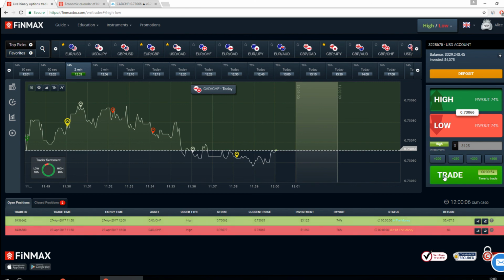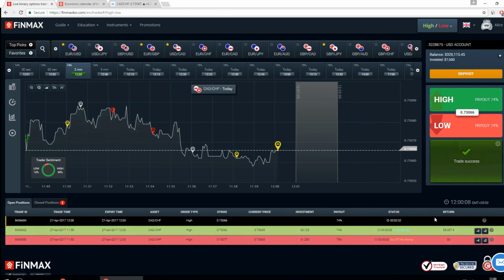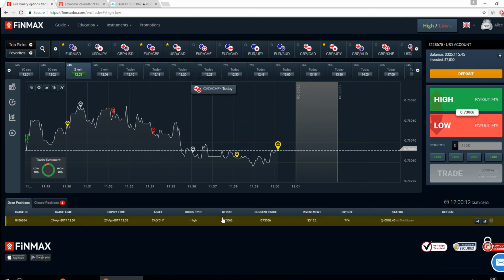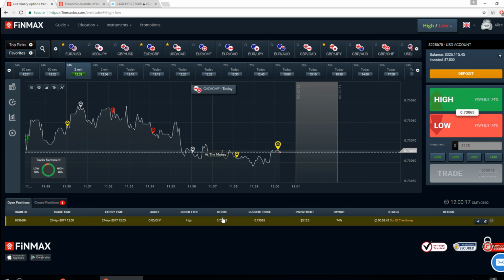One expired out of the money, and the second one in the money, but I still need to cover it, so I will enter for the next lap, but for the 2 minutes time frame.